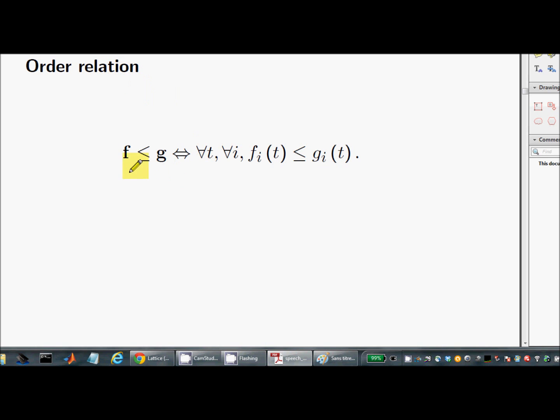If I have two interval trajectories F and G, I can compare them. I will say that F is smaller than G if for all t, I have f_i(t) smaller than g_i(t) for all components.